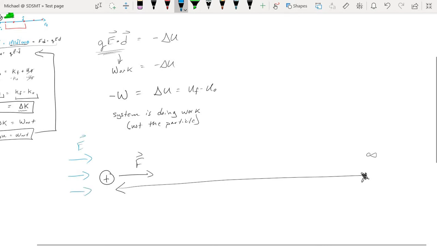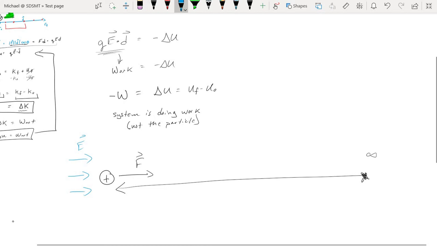And we've seen in multiple cases that if we get far enough from the source of an electric field, that electric field will more than likely go to 0. And if I don't have an electric field, I don't have an electric force. If I don't have an electric force, I can't do work. And if I can't do work, I can't change the potential energy anymore.